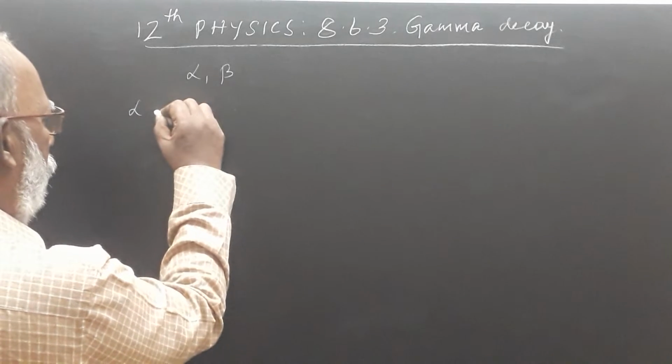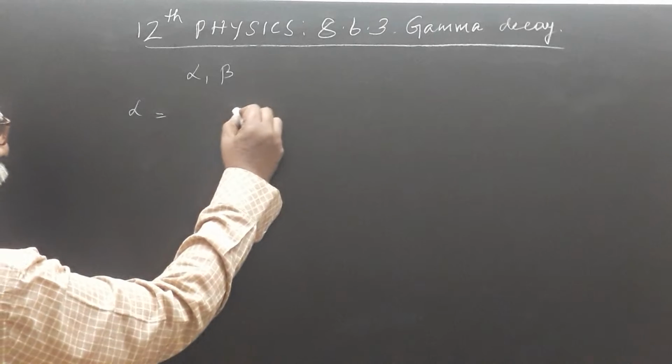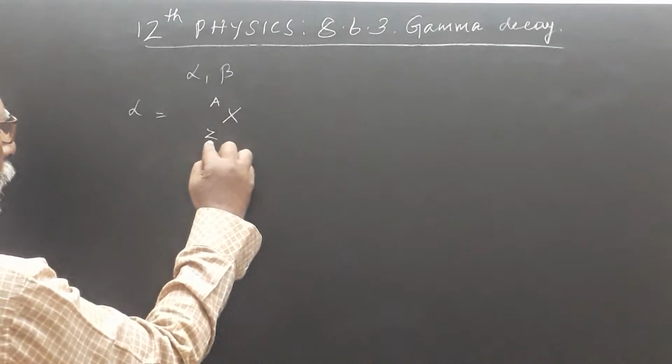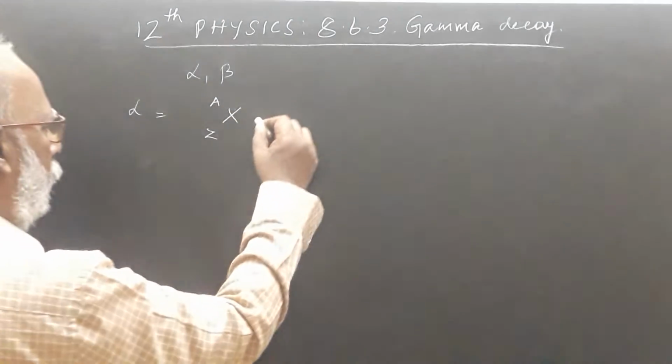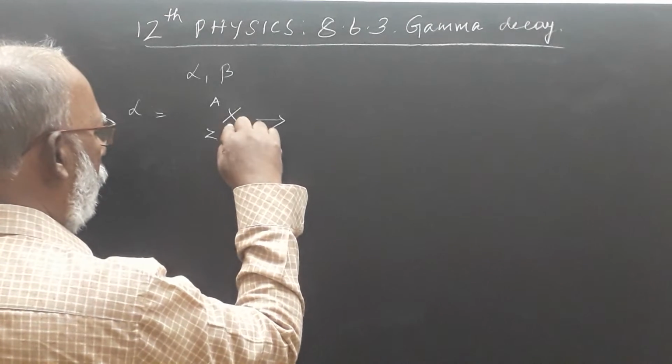If you consider any parental nucleus, ZXA, Z is called atomic number, A is called atomic mass number. This is called parental atom.